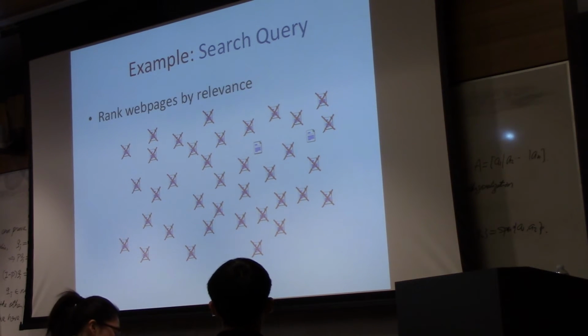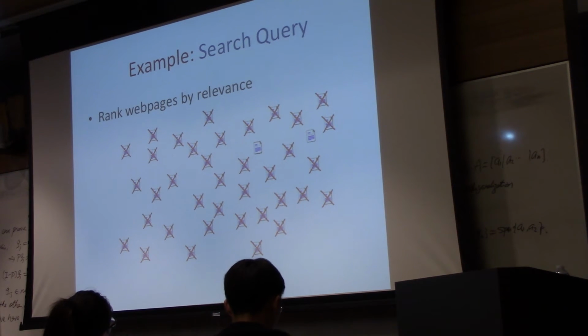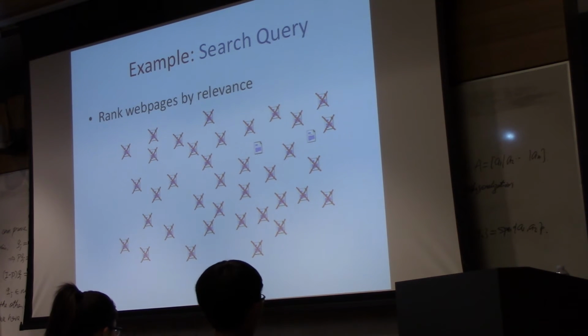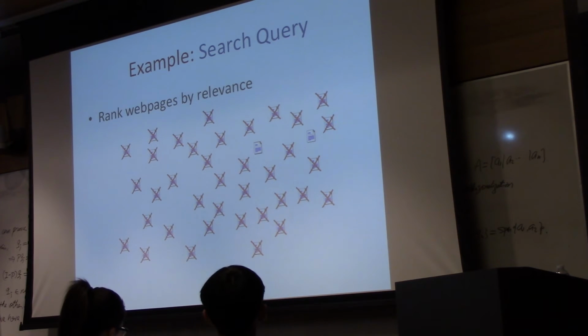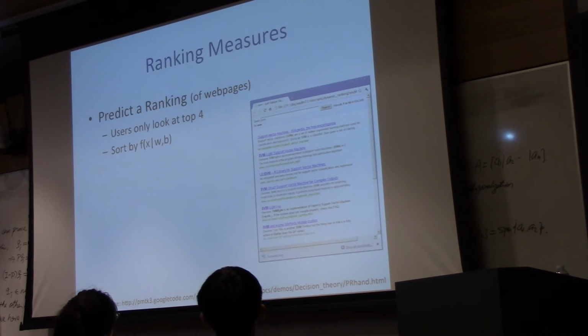We only have time to look at the top 10, so we use a model, score stuff, rank it by the score, and look at the top 10. This is what search engines like Google and recommender systems do all the time. They have some score about the quality of a search result or recommendation, and they give you a ranking by that scoring function. So now we want evaluation measures over rankings and not over individual examples.